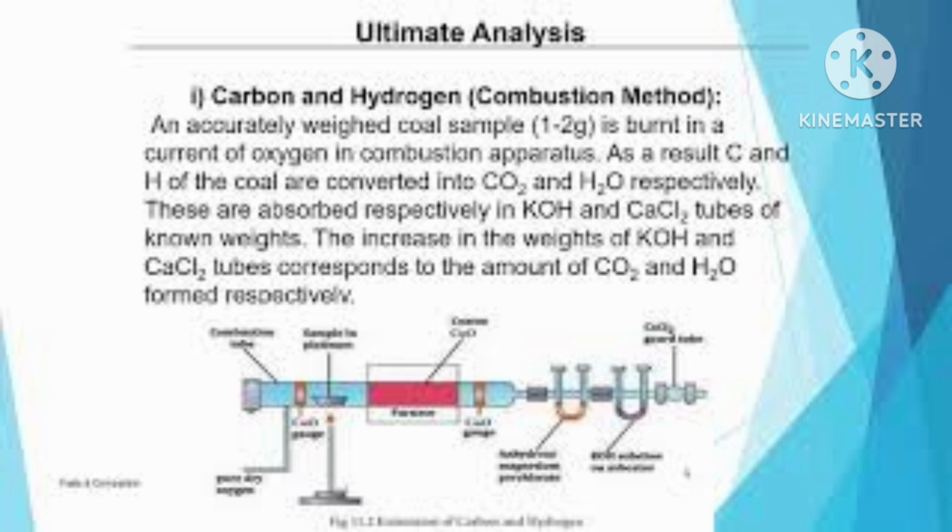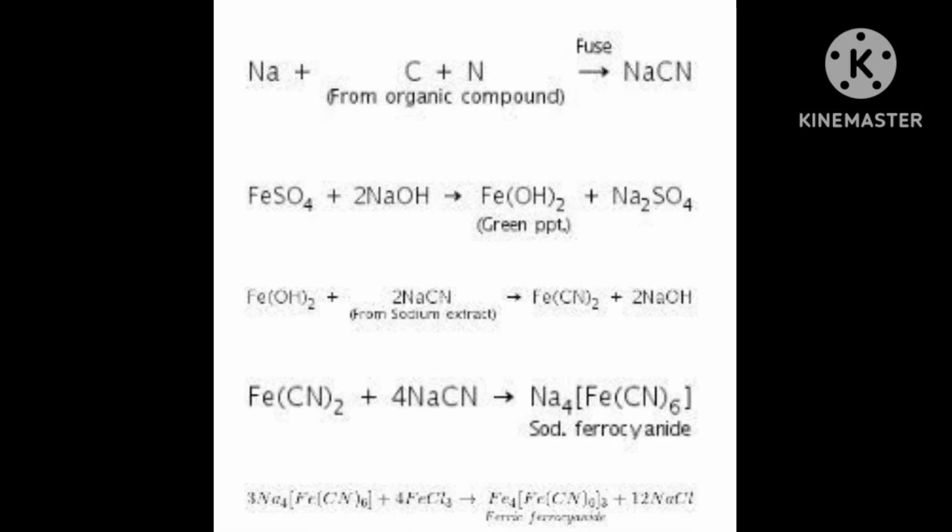6CN minus, cyanide ion. 6 cyanide ions means 6CN minus plus Fe2 plus, it gives Fe(CN)6. It will give a complex, Fe(CN)6 with 4 minus outside. This is the coordination complex ion.